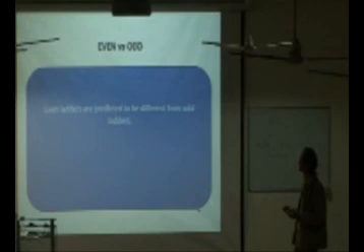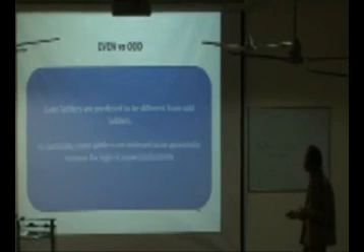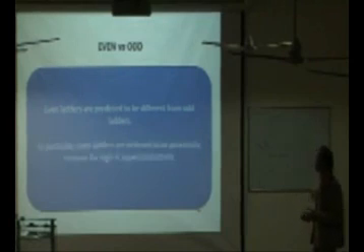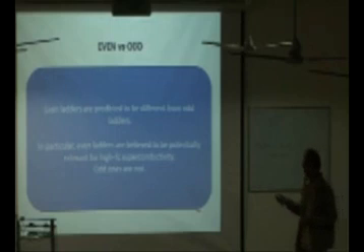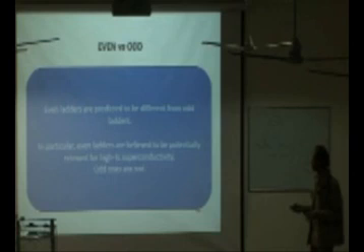There are some approximate calculations that show that even-legged ladders and odd-legged ladders have different properties. In particular, even-legged ladders are believed to be potentially relevant for high-Tc superconductivity, whereas the others are not.